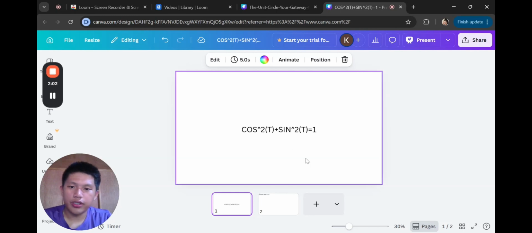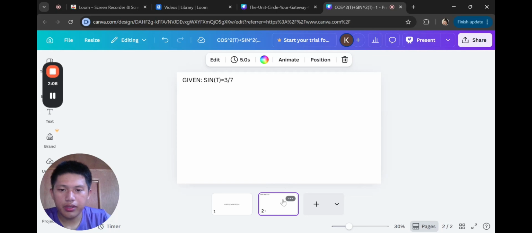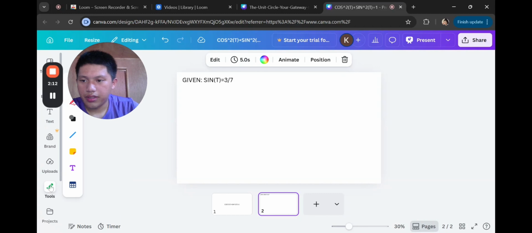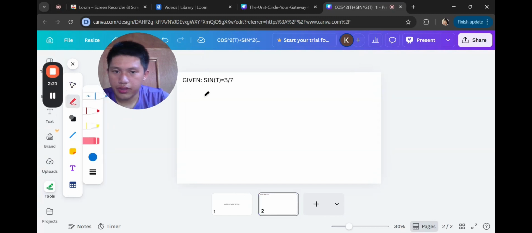So let's proceed to the example. As you can see here, this is the given: sin t equals 3 over 7.